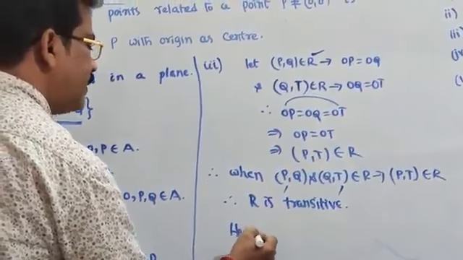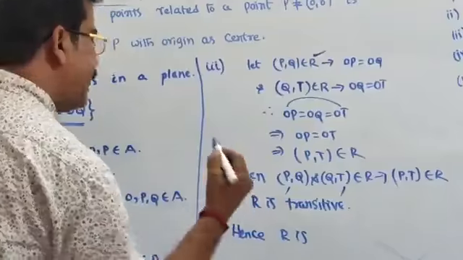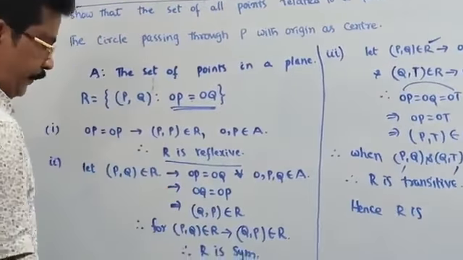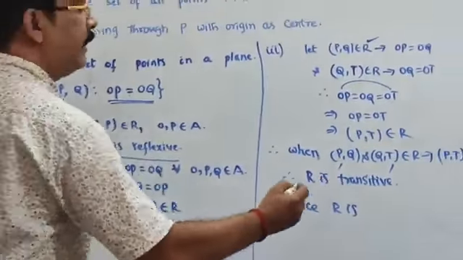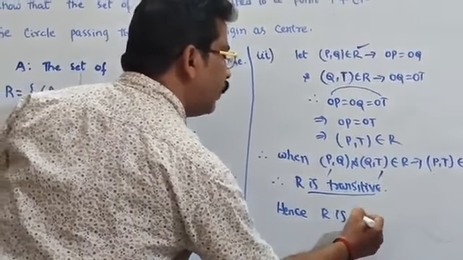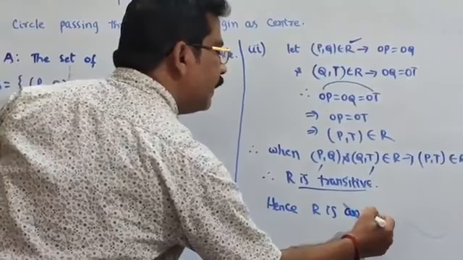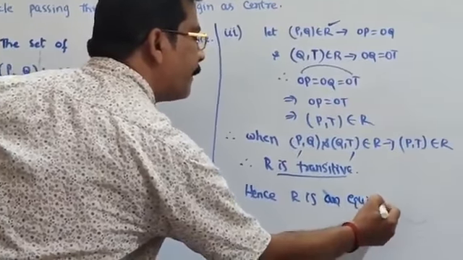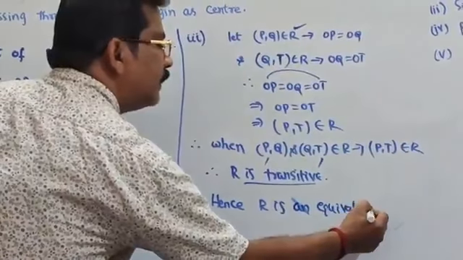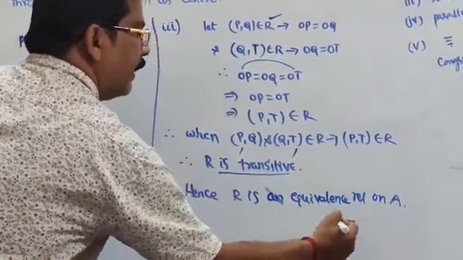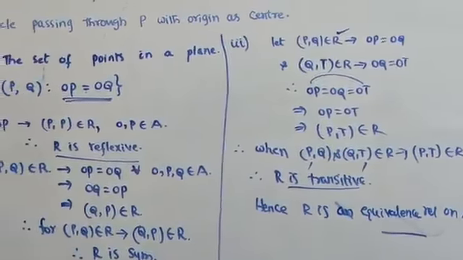Hence capital R is reflexive, symmetric and transitive. Therefore capital R is an equivalence relation on capital A. Okay, this part is over.